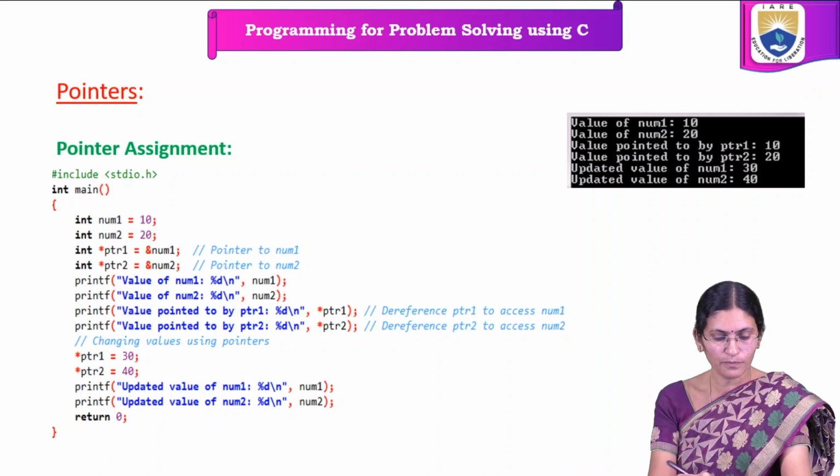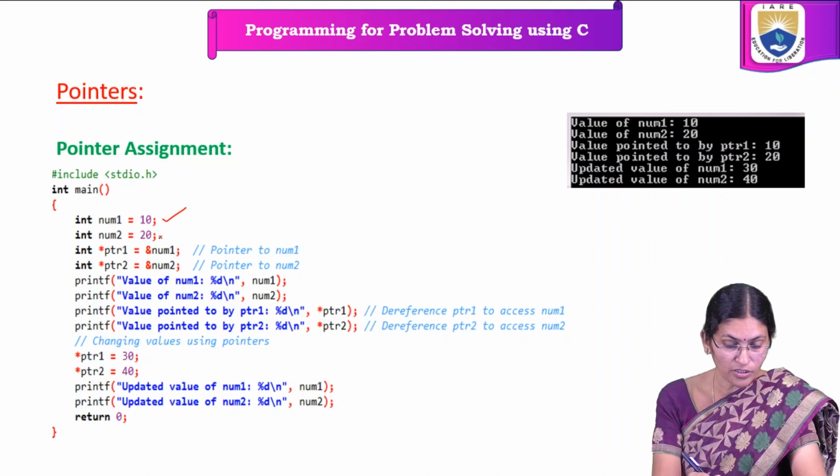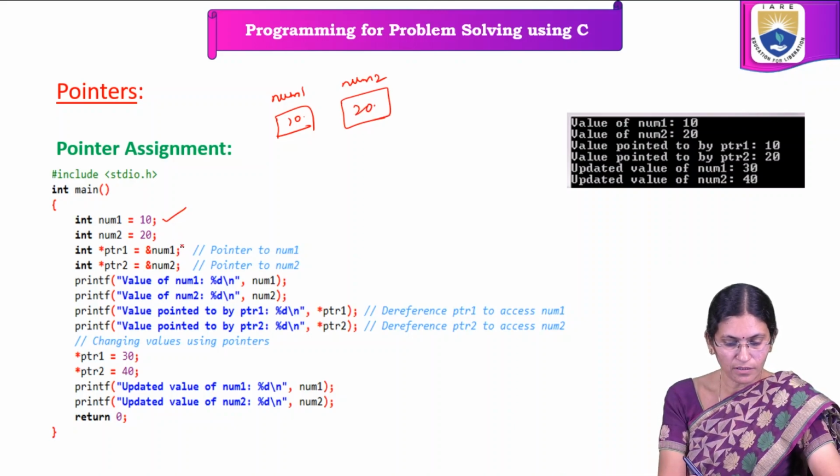In this program, in the first line, we are declaring a variable and initializing it with the value 10. So num1 is equal to 10, and one more variable we have taken, num2, whose value is equal to 20. Now we have declared and initialized two pointers, ptr1 and ptr2. Suppose this address is 1000, this one is 2000.